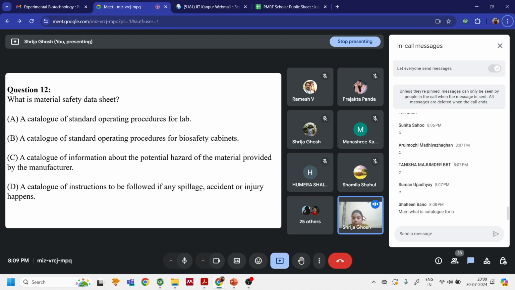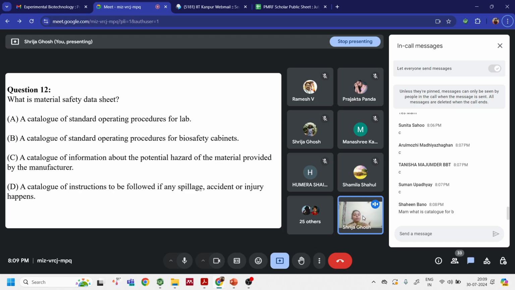Catalog of standard operating procedures for biosafety. Standard operating procedure is a different set of information. These are called SOPs. In most industrial labs, they have a set of SOPs called standard operating procedures.